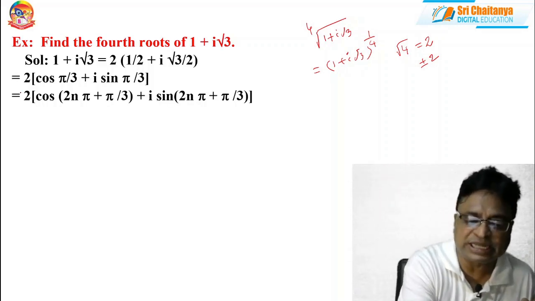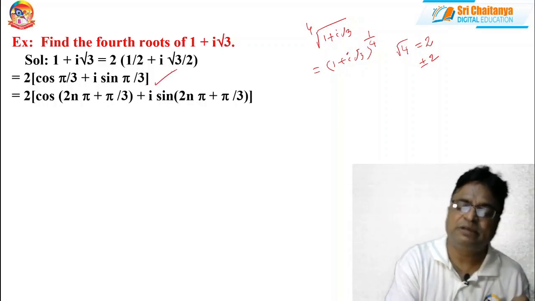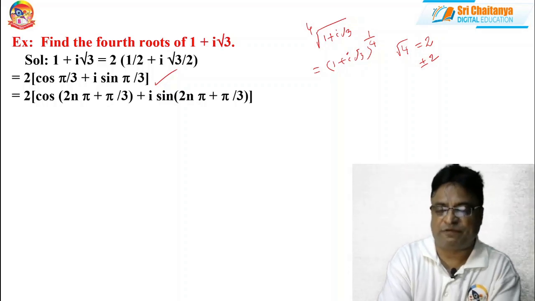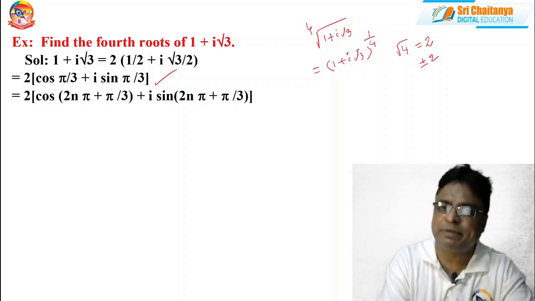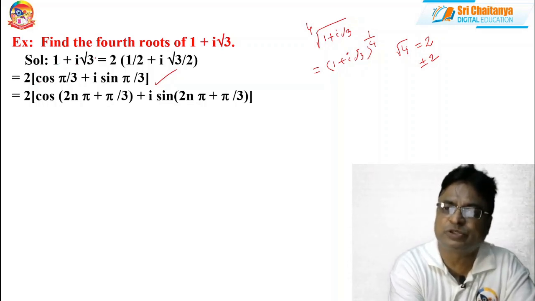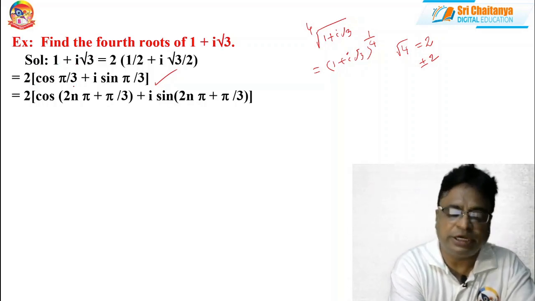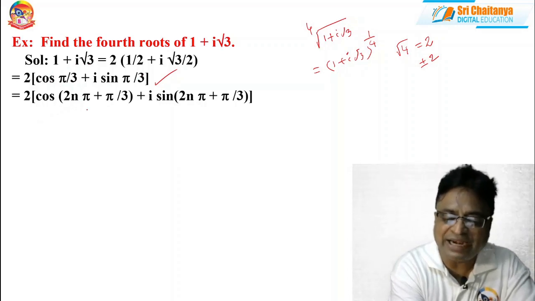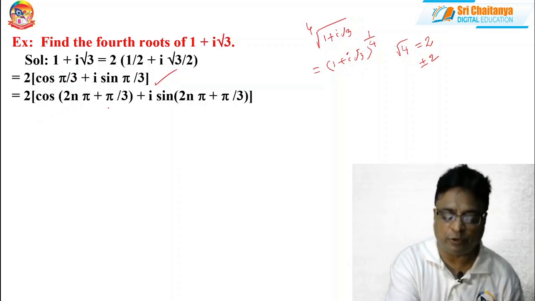For that, first of all, I have written the given complex number in polar form, that is modulus-amplitude form. What is the modulus? That is root of 1 squared plus root 3 whole squared, that is 2. And tan theta is equal to root 3, so theta is pi by 3. So it is 2 into cos pi by 3 plus i sin pi by 3. Now I have added the general value 2k pi to the angle.